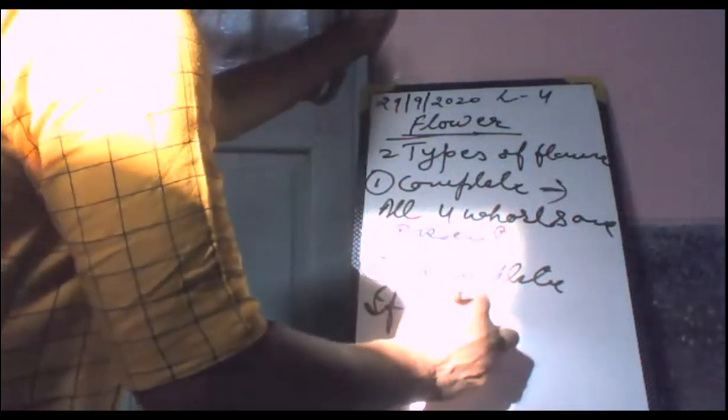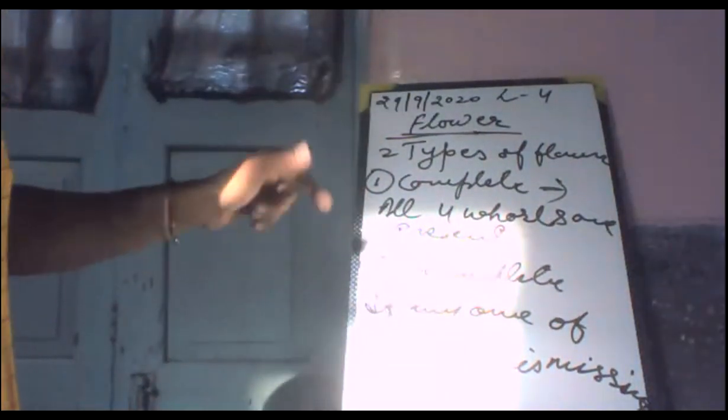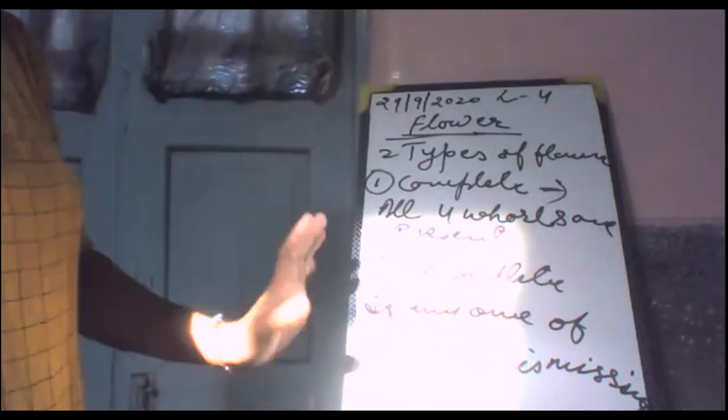If any one of the four whorls is missing, the flower is known as an incomplete or imperfect flower.